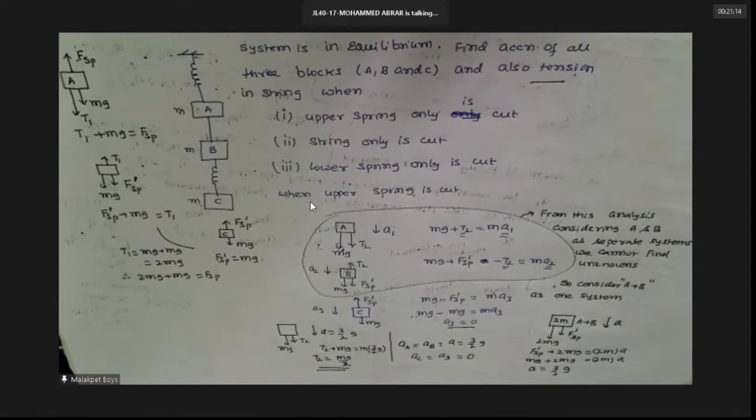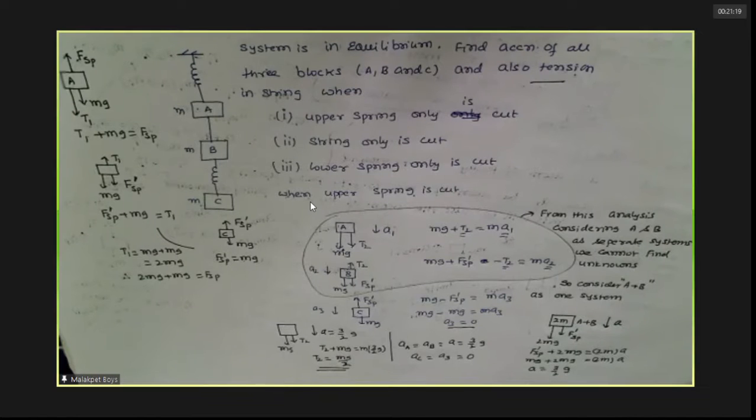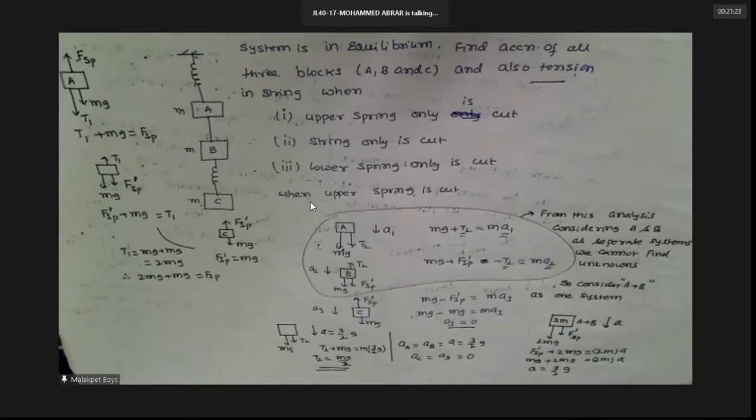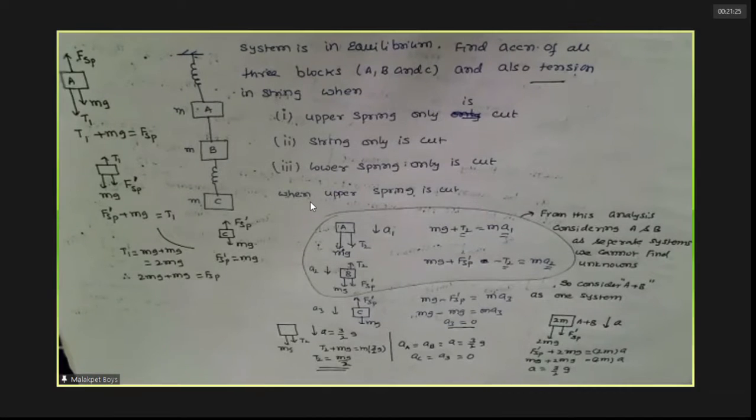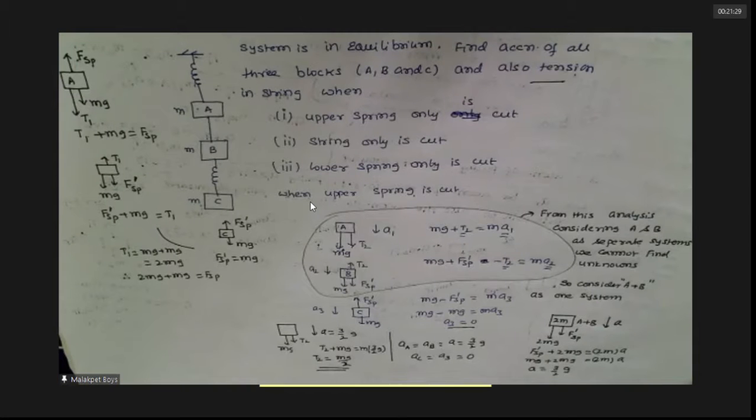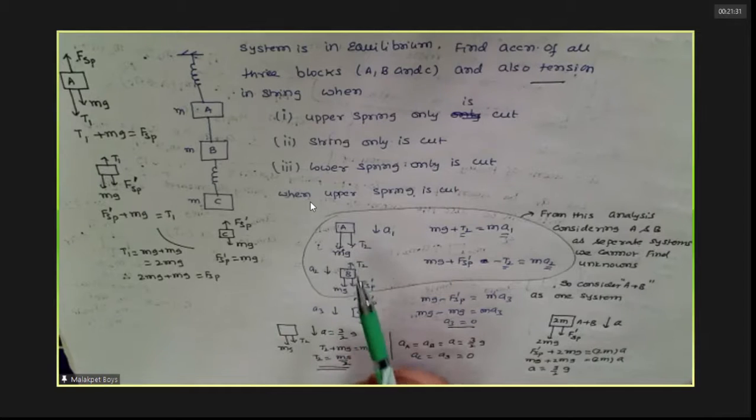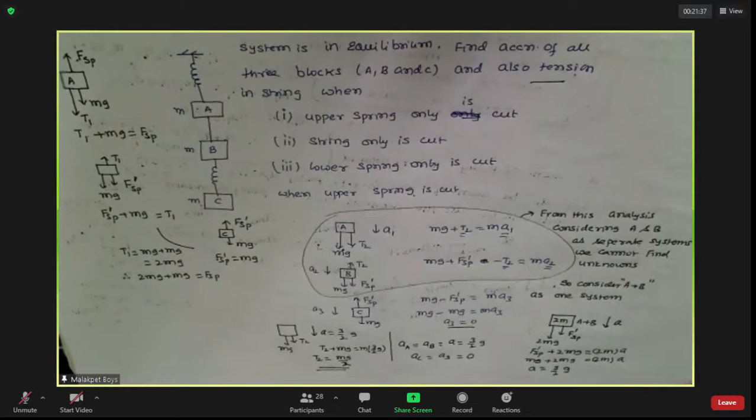Sir, I didn't understand that statement which you wrote. It said, considering A and B as separate systems, we cannot find the unknowns. See, if you take them as separate and draw the free body diagram, you are unable to get anything, no? 4 unknowns come. So I am considering them as one system.